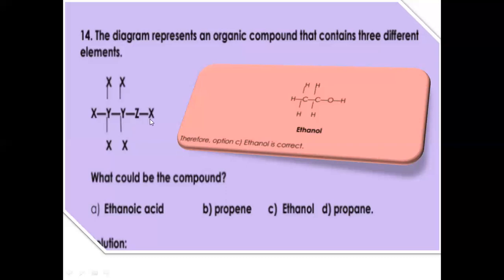So yes, it is ethanol. And for propane, we need all the atoms to be the same, like hydrogen. No oxygen over here. So the correct name of this compound is ethanol. Option C is correct.